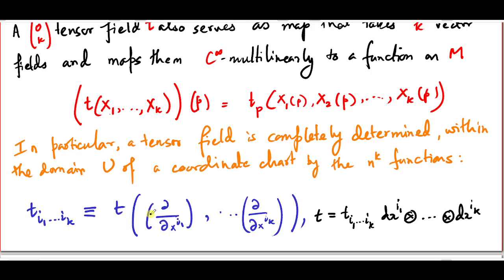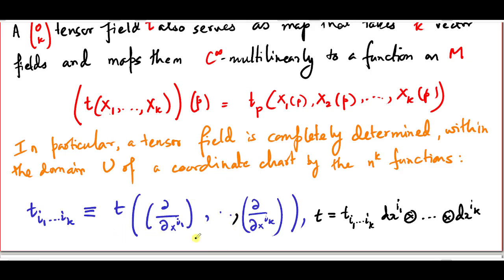T I1, I2, Ik are all defined to be functions which you get when you apply the tensor field T on the arguments del del x I1 through del del x Ik. Of course, these are all the coordinate basis vector fields, so to speak.